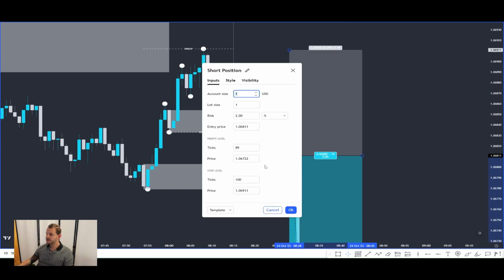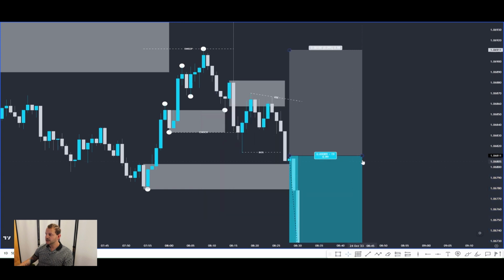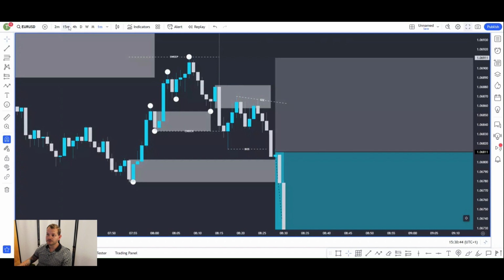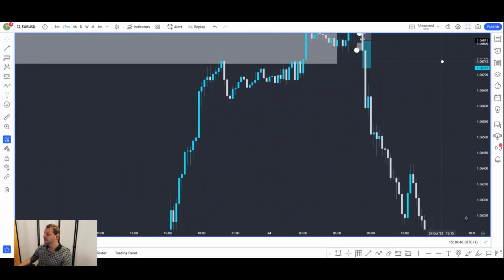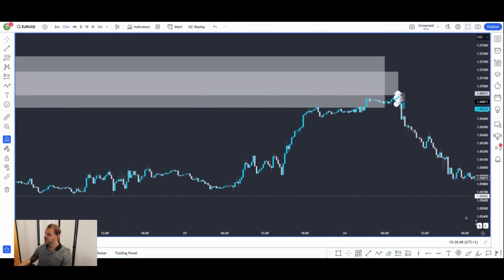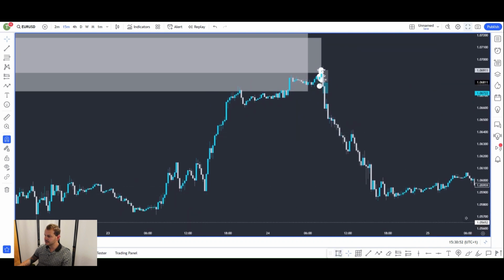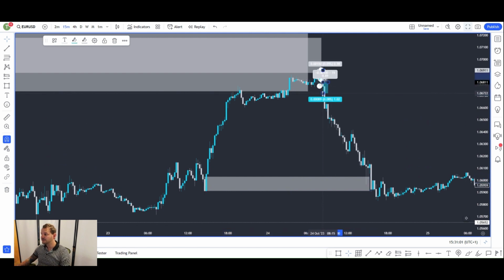So 10 pips stop loss, and to get the target, we zoom out, we jump on the 15-minute, and the next zone that I'd be looking at, I believe, was this one, which we actually, as you can see, wicked from. So I went to around about there.